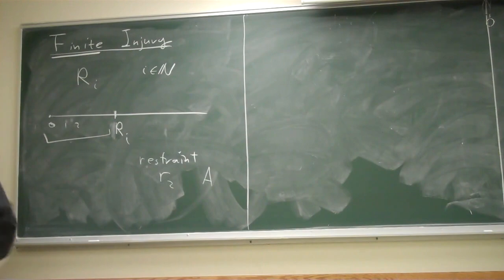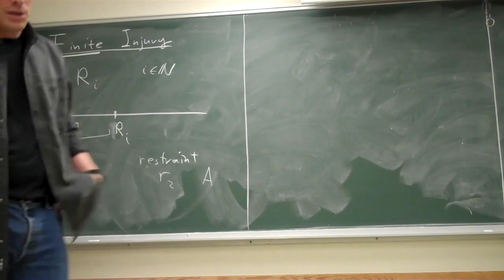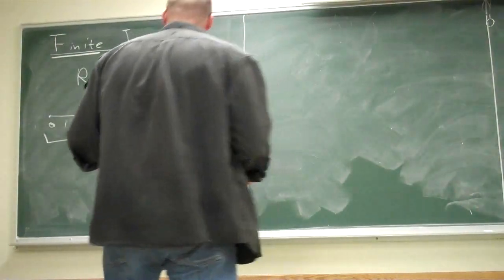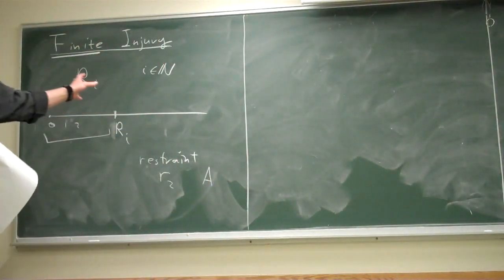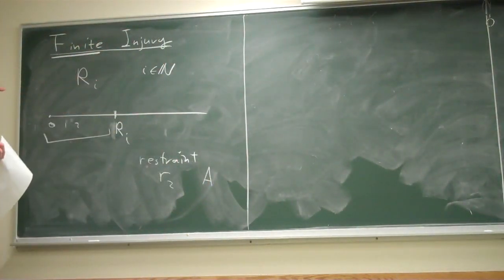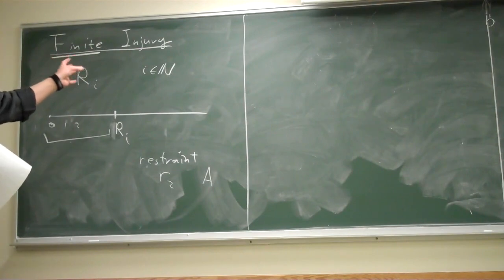That's an awful lot of abstract hand wave, but it lays down the basic terminology of what finite injury is. Then we'll get to see how it works out in practice by proving an actual theorem. Are there already questions about the abstract impressionistic hand wave?